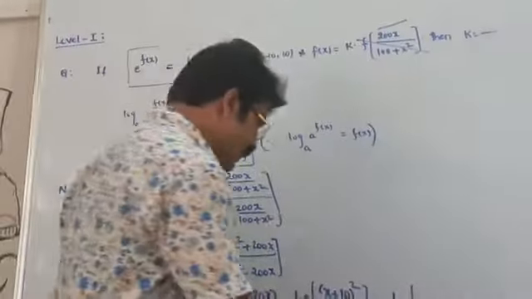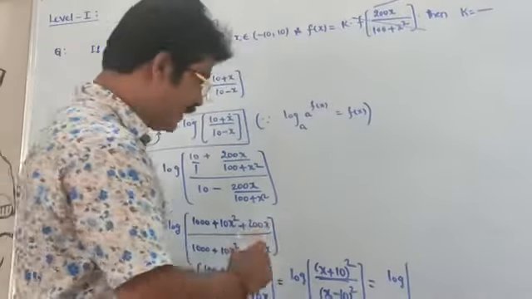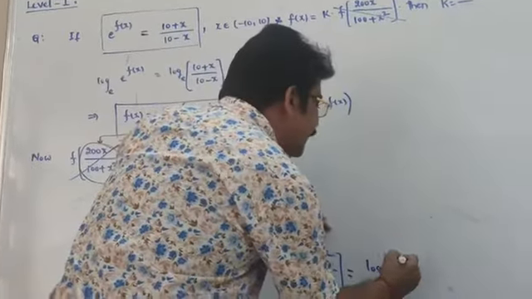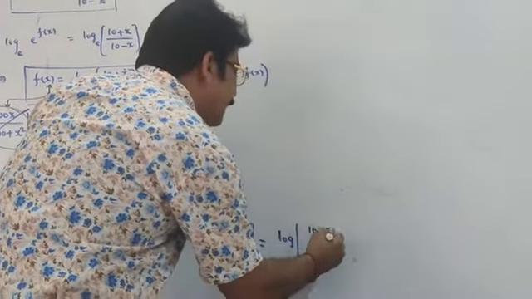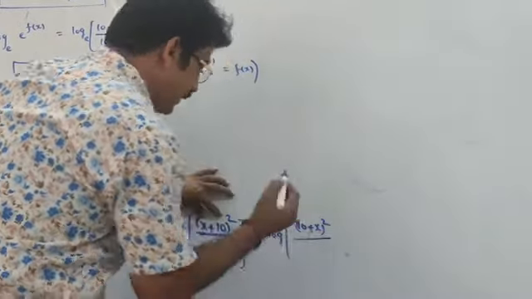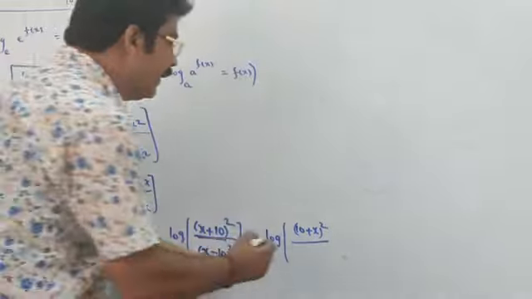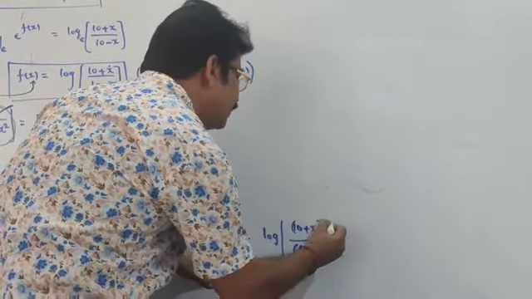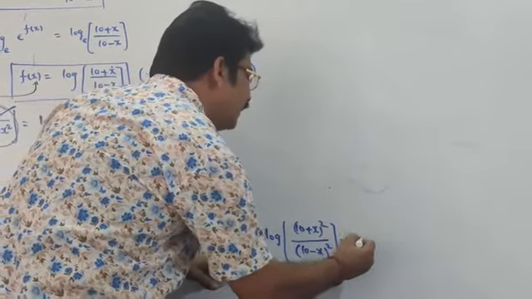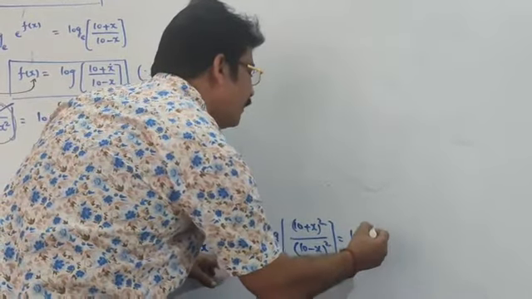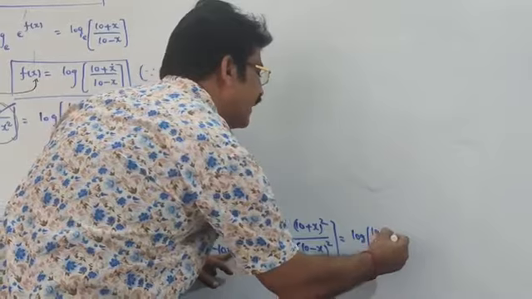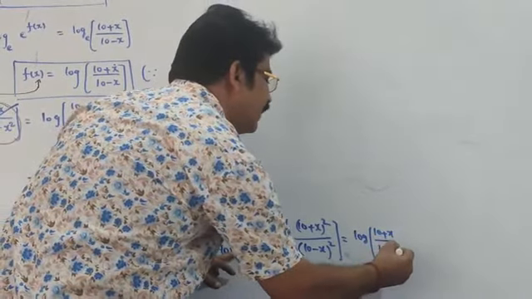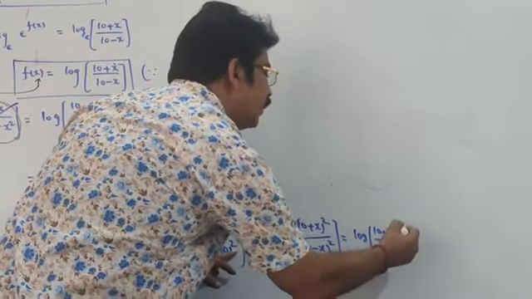That's why we are changing the order without loss of generality. So we can write 10 plus x whole square, and since it has the whole square, it can be written as 10 minus x whole square. So that is equal to the logarithm of 10 plus x divided by 10 minus x whole square.